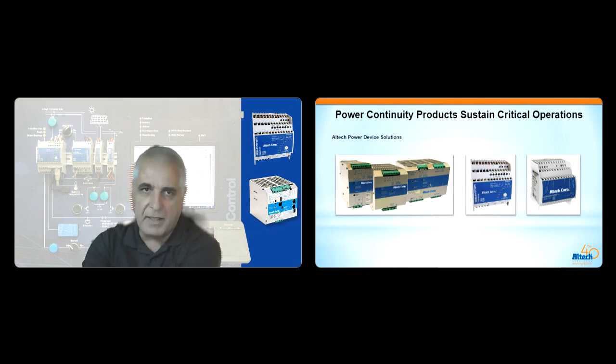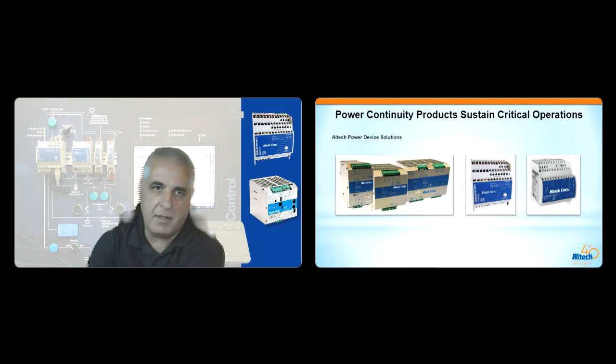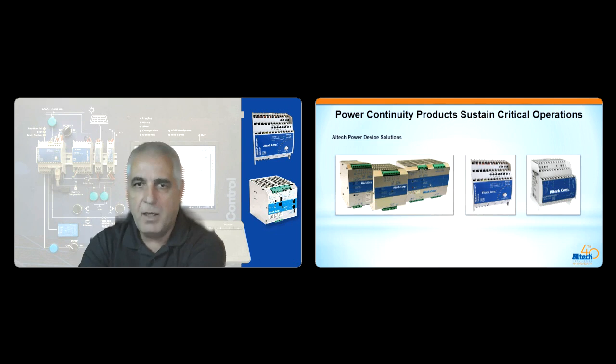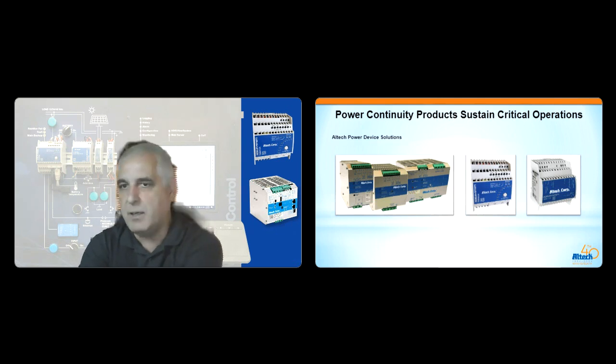UPS systems are enabled by batteries that store energy, designed to quickly deploy power to connected devices when main power is not available. In most cases, the anatomy of the UPS consists of the battery, a battery charger, and an inverter.